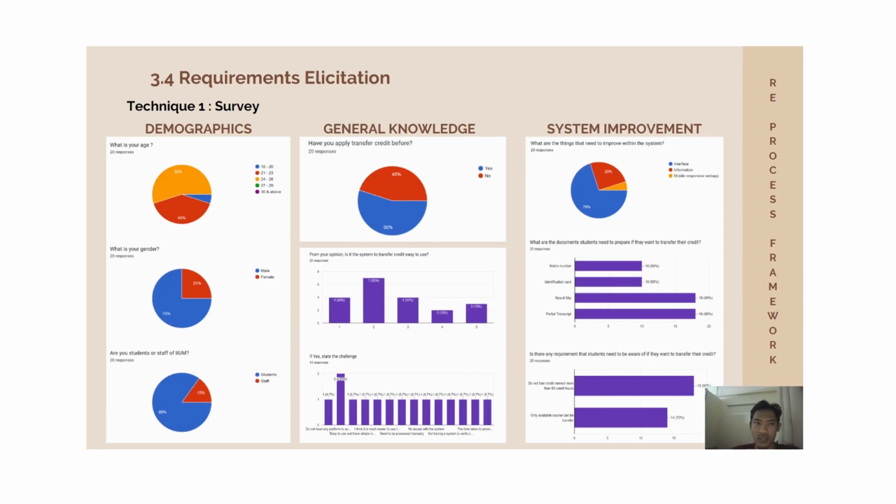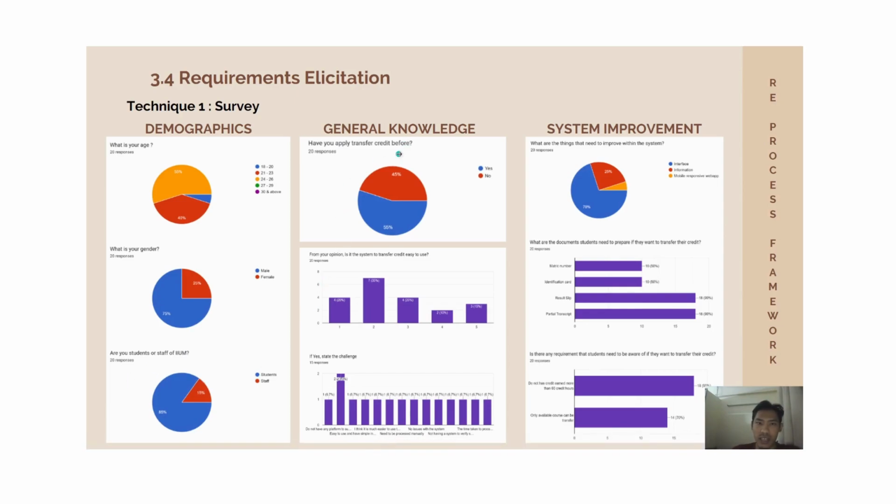The questions here are divided into three parts, which are demographics, general knowledge, and also system improvement. There are some sets of questions that we ask our stakeholders, such as age, gender, and whether they are staff or student.